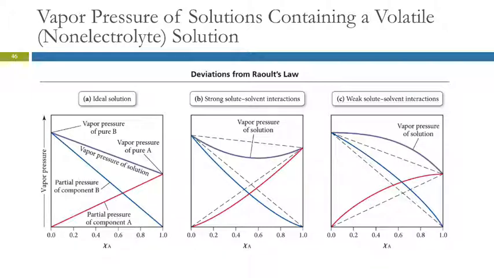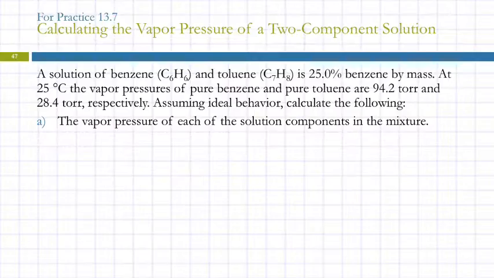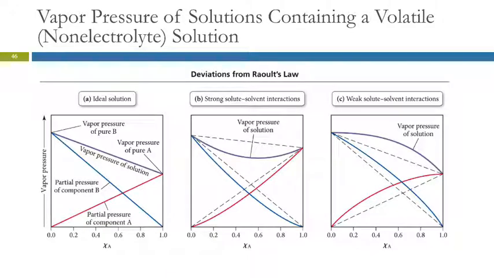I'm not sure if that sunk in, but nobody's saying anything, so we'll go on. So strong solute-solvent interactions would be more like an ionic solute that's been dissolved in it? Well, you're on the right track, except that ionic compounds are not volatile.